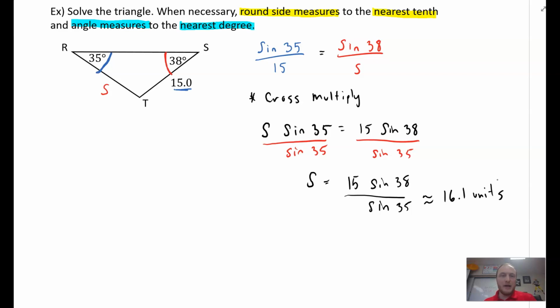So I know that s, this is 16.1. What am I missing?